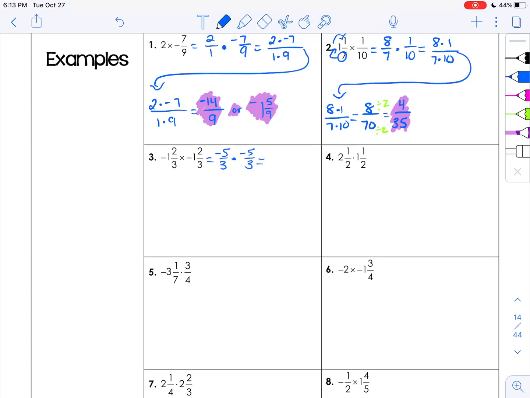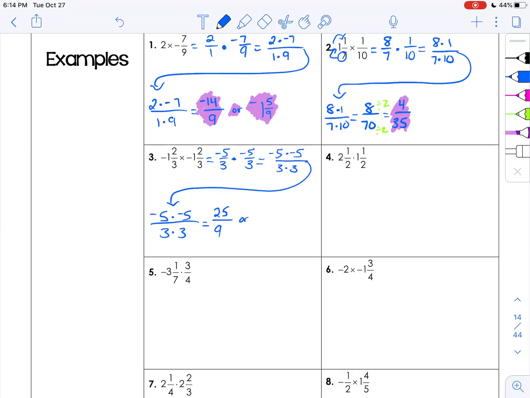From here, I can multiply my numerator times my numerator, negative 5 times negative 5, and my denominator times my denominator, 3 times 3. Negative 5 times negative 5 is a positive 25, because remember, a negative times a negative is a positive, and 3 times 3 is 9. 25 over 9 cannot be simplified, but it can be written as a mixed number.